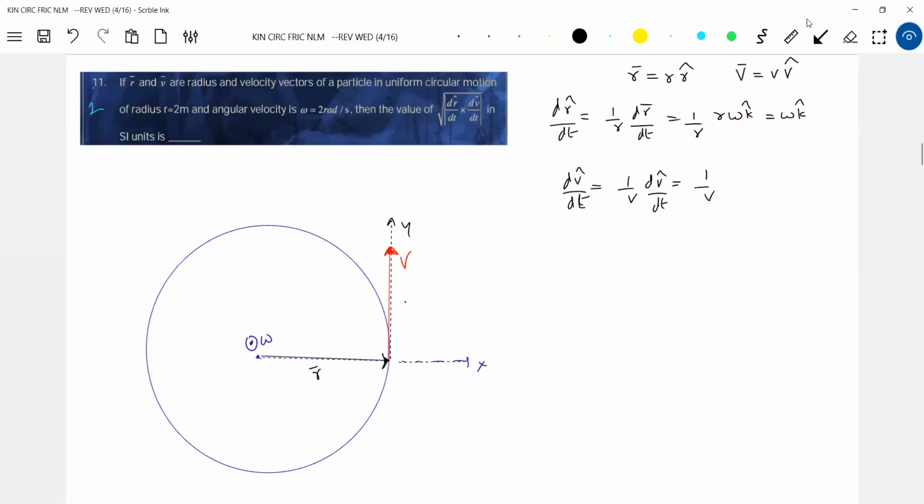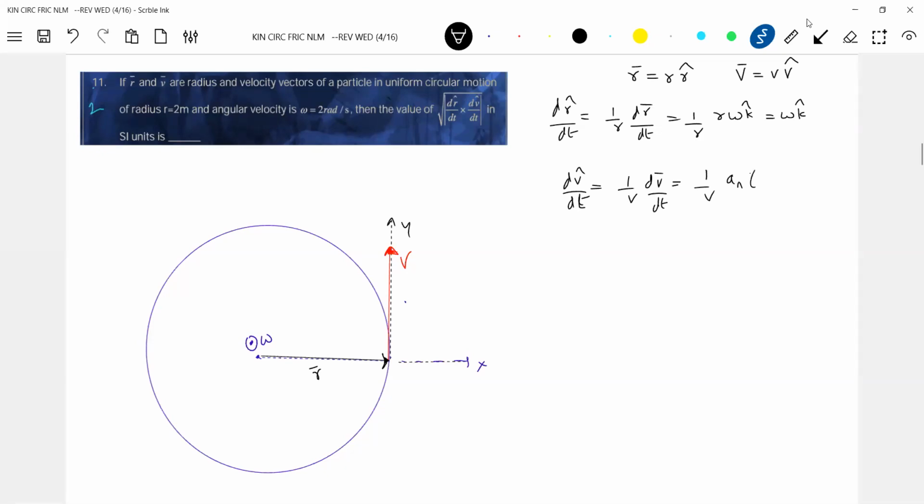Okay, now similarly dv bar by dt, what should it be equal to? Sorry, it should be dv bar by dt. What is dv bar by dt? Speed remains constant, so it should be equal to the centripetal acceleration. So that should be equal to an, and how will it be directed?